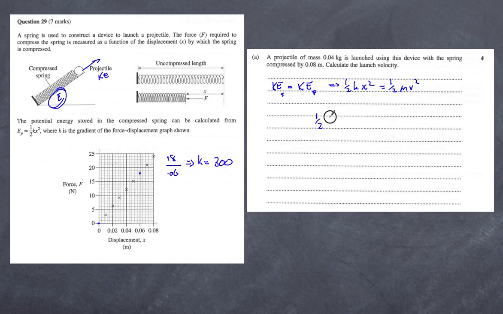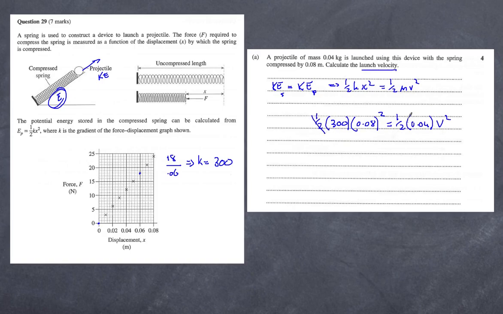I get half multiplied by k, which is 300, multiplied by x. We're told the compression is 0.08, and that is squared. That is equal to half multiplied by the mass, which is 0.04, multiplied by v squared, and that's what we're interested in, the launch velocity.